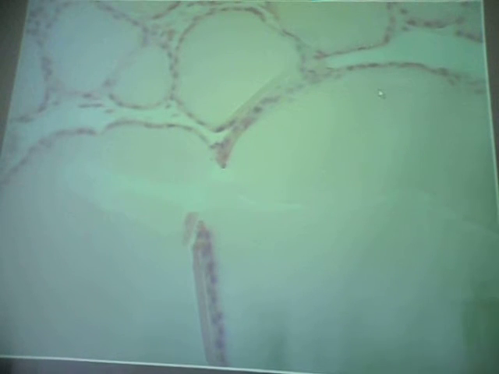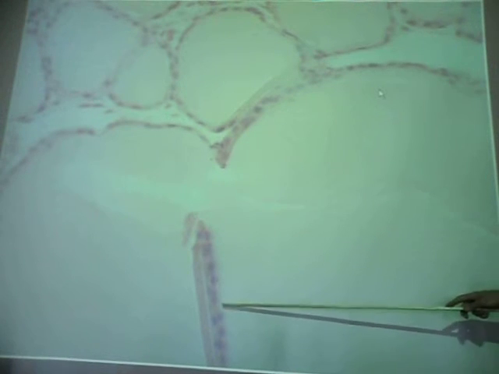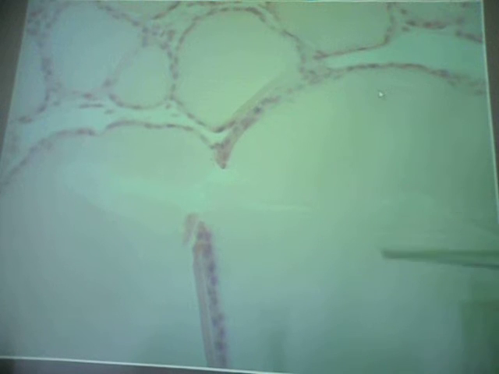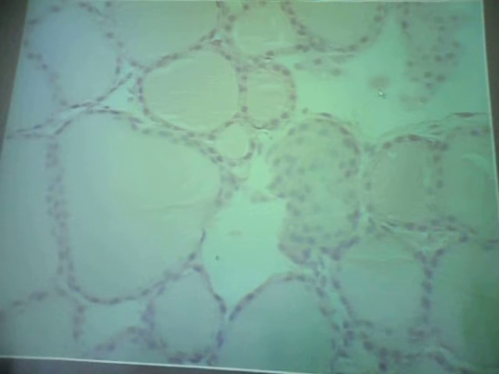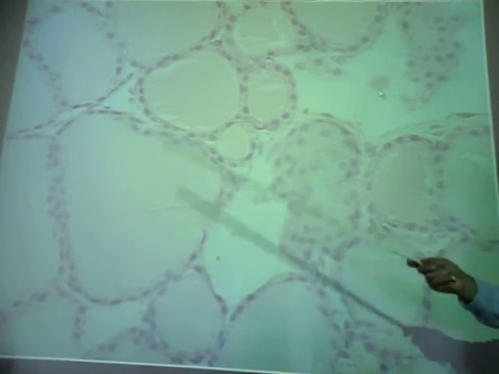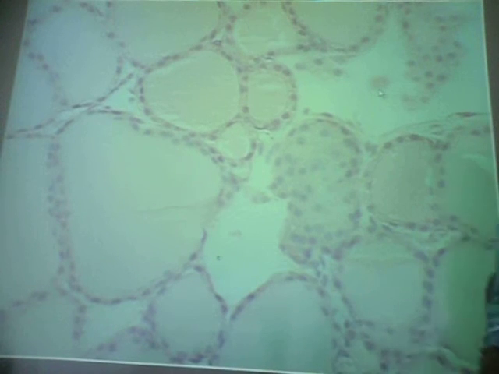So these follicle cells secrete the hormones T3 and T4 into the interior of the follicle. And there it's stored in complex with a protein colloid called thyroglobulin. That's on your lab objective sheet. These hormones are stored until needed, and then they're released directly into the blood.